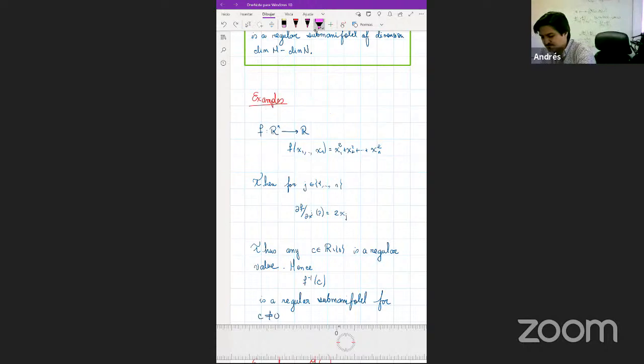So this way we have that the n-1 dimensional sphere is a manifold. So now we have a different way of arguing that spheres are manifolds, when we view them as regular level sets.